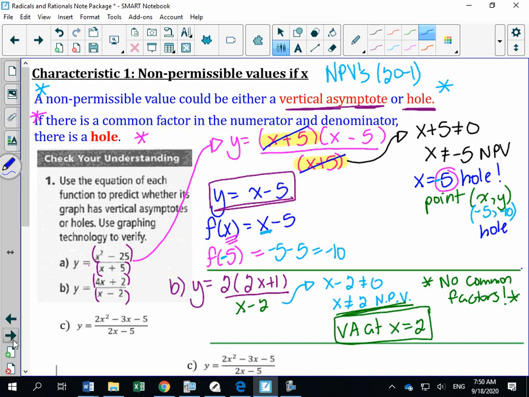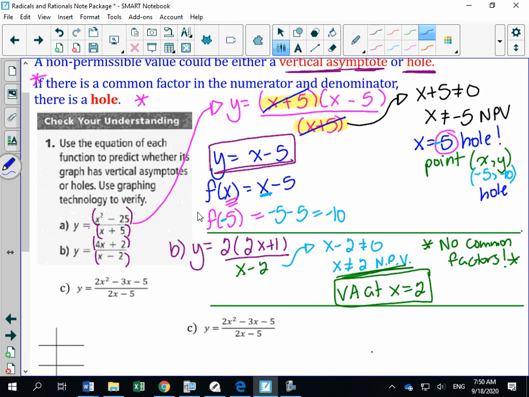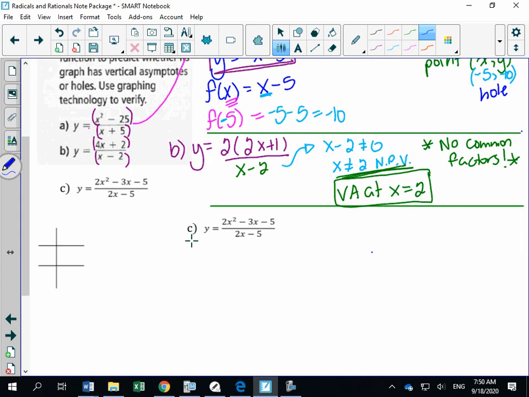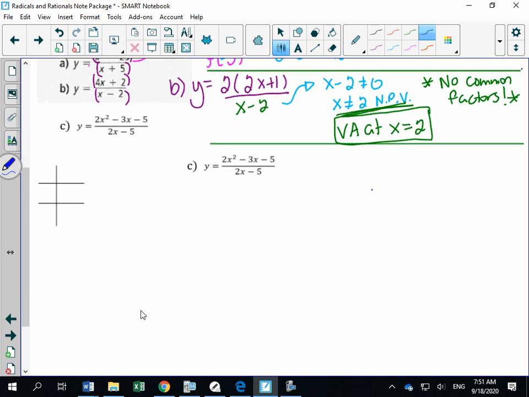The third and last example that I want to talk about is going to be example C. And for example C, we have to fully factor it. So there's nothing I could factor out of my denominator. My numerator I could factor, and my numerator is going to be a decomposition.